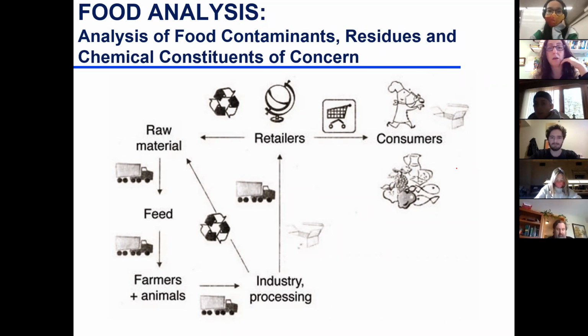Yeah, a few years ago, it was a big deal in pet food and also in infant formula. Melamine is a compound that is not meant for food, but it does have a high level of nitrogen.